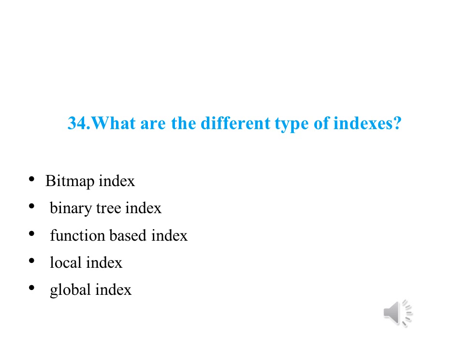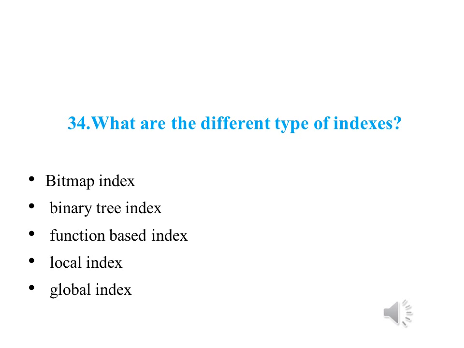Okay, what are the different types of indexes? Bitmap index, binary tree index, function based index, local index, and global index. Okay, why do we create index? Because if we do not create index, then query will take more time even for a small set of data. Index gives the proper way to retrieve data from the database, what way you have to use, because Oracle has its own optimizer.